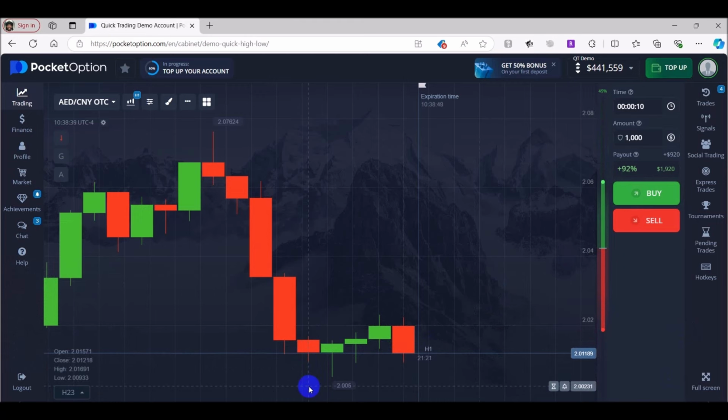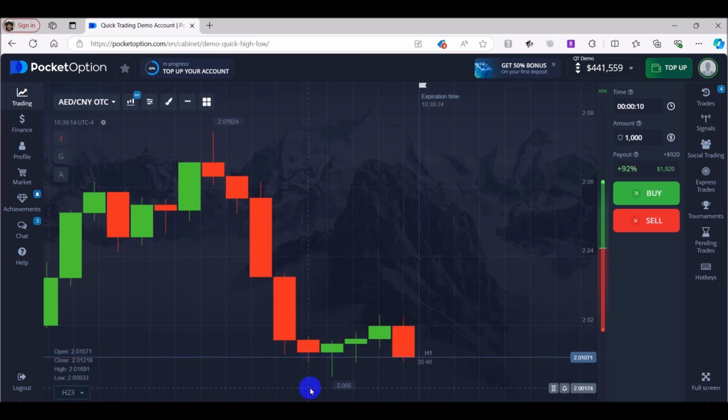So if you put your trade in, and it pushed down to the bottom of the wick that you're working off of, and you lose that one, the next trade that you put in, you can just put in for a higher time. So if you're going in for 5 seconds and it doesn't like 5 seconds, then go up to 10 seconds or 15 seconds, if it's still pushing past your wick.